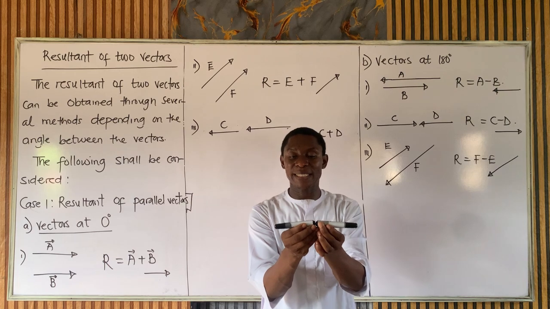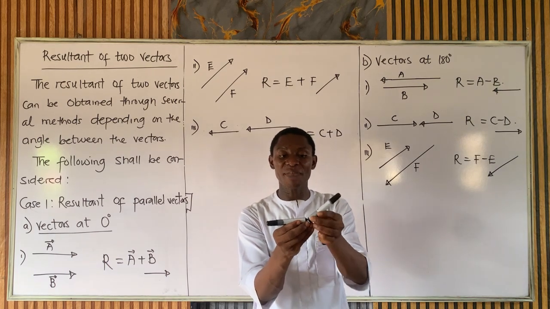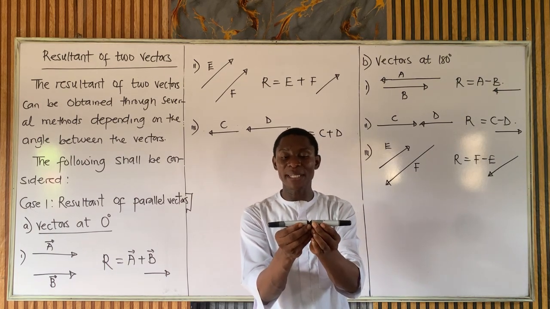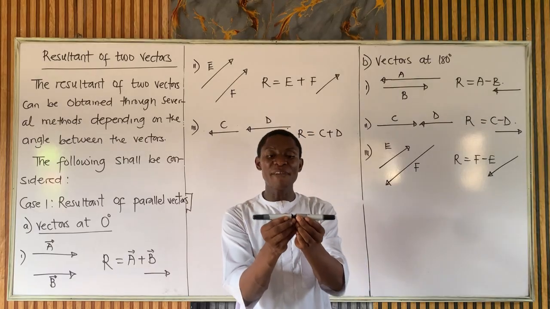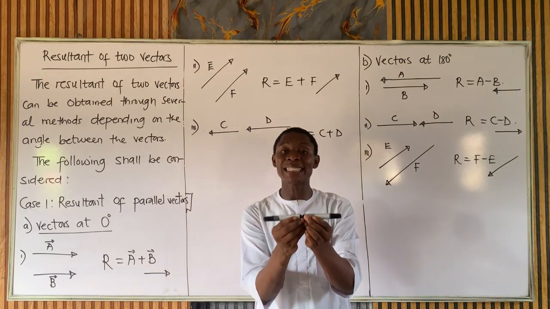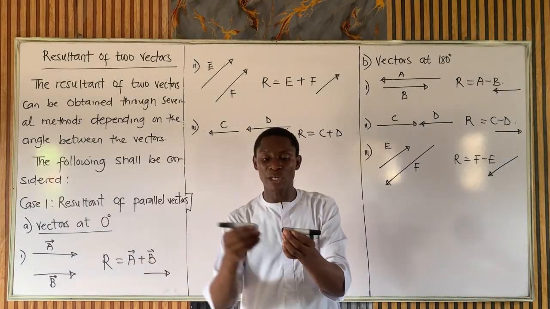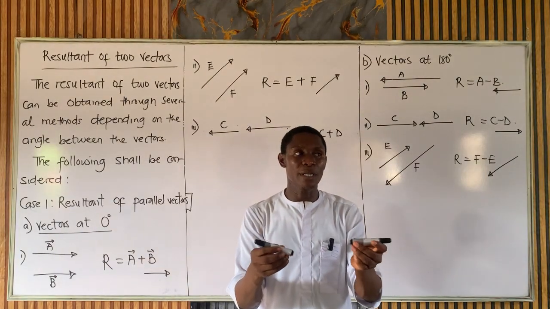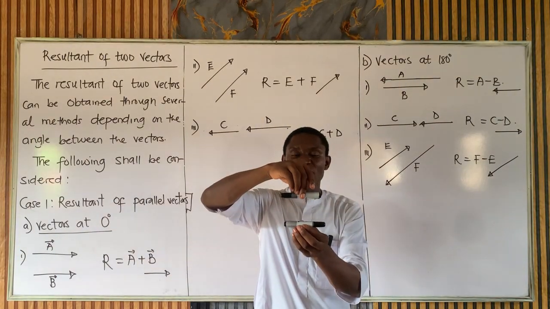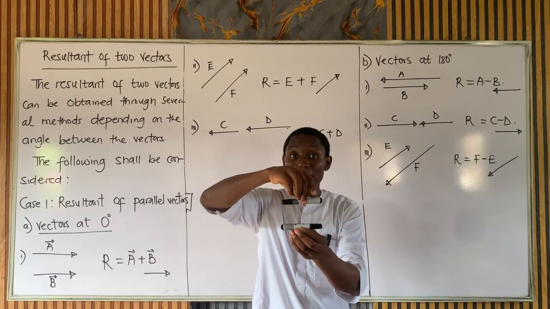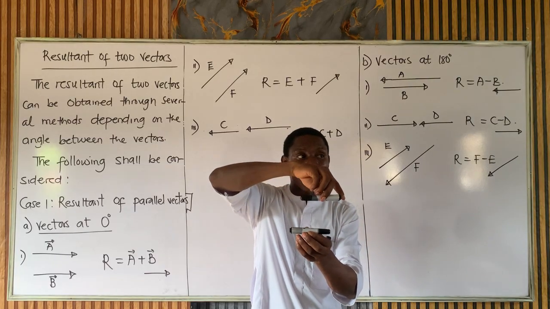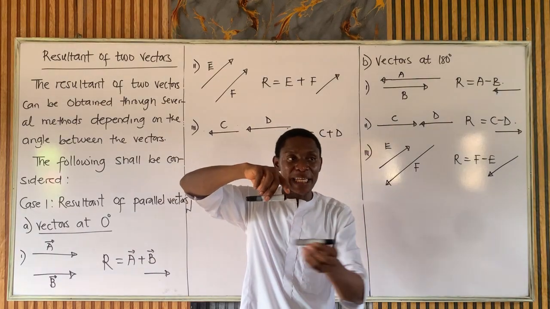If you bend it like this, it should be 150, and then 180 when it's parallel. The difference here, though parallel, is that they are parallel and moving in different directions. One is pointing towards one direction, and one is pointing towards the other. It doesn't matter if it's like this. They are still 180 degrees to one another, parallel but in different directions, because this head is pointing this way, and this head is pointing this way.